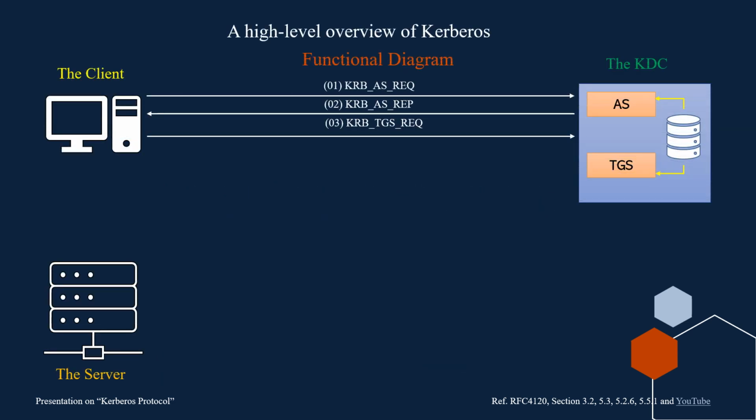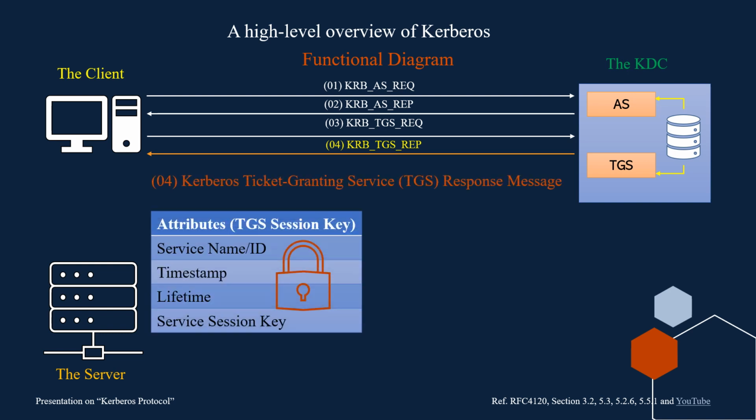In its reply, the ticket granting server sends specifically two messages to the client. These messages are known as Kerberos ticket granting service reply message or response message. The first message includes the service name, timestamp, lifetime, service session key, and these are encrypted with the TGS session key that it received from the client through the ticket granting ticket.